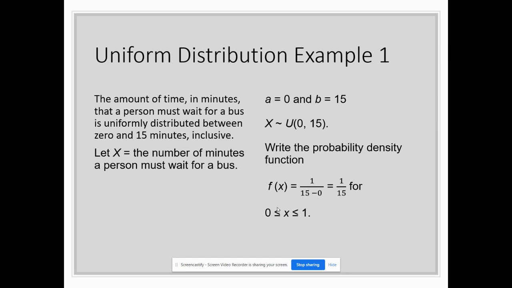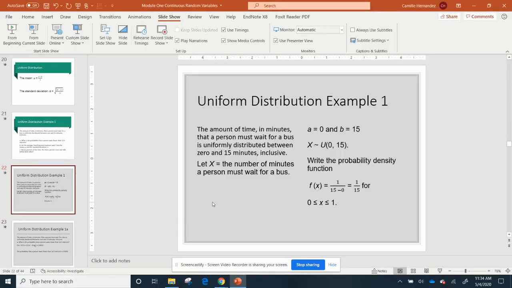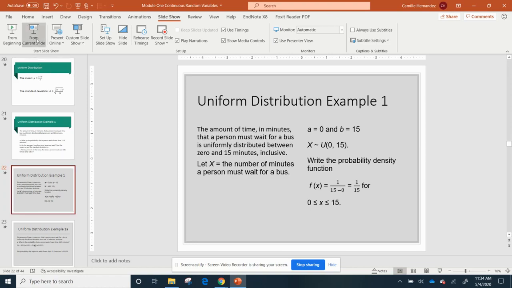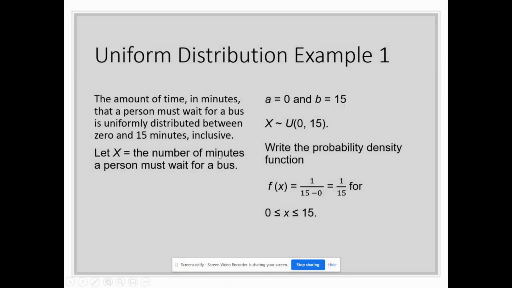Write the probability distribution function. So f of x equals 1 over 15, because it's 1 over 15 minus 0, for 0 is less than or equal to x is less than or equal to 15. Fixing my typo. So that's what that means. That's how you write it.